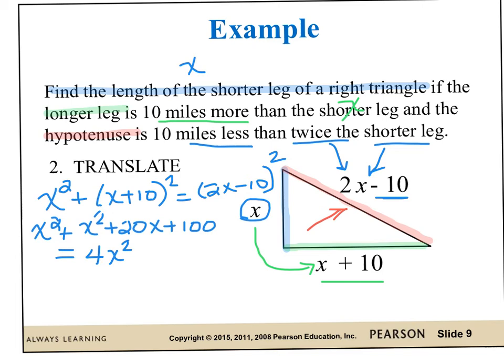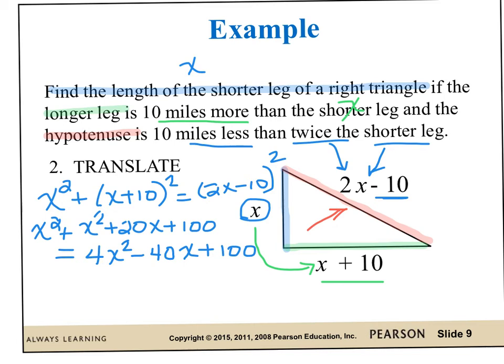And negative 10 times 2 is negative 20x minus another 20x will be negative 40x. And then negative 10 times negative 10 is positive 100. And then we need that to be set equal to 0.